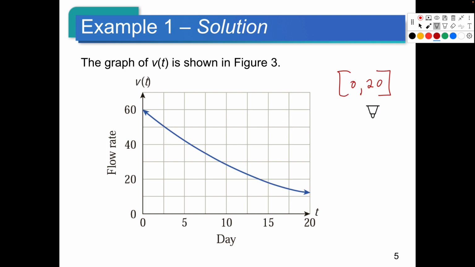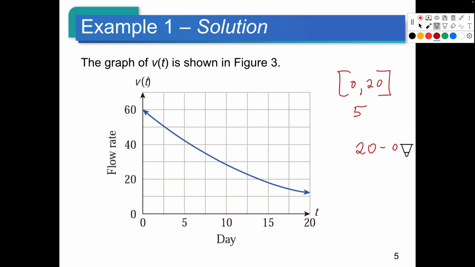Okay, good. Again, the more partitions, the smaller the rectangles, the more accurate. But 5 is going to give us a better view of what's going on. So what we do is take 20 minus 0, the start and the end of the interval, and subtract them to find how long the interval is.